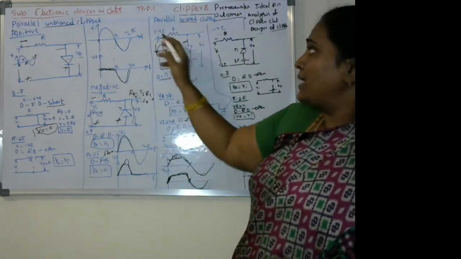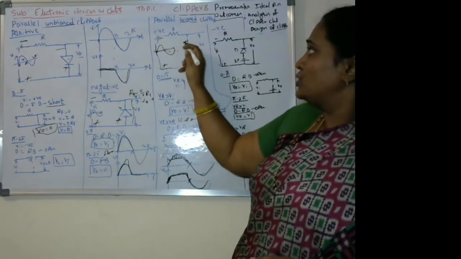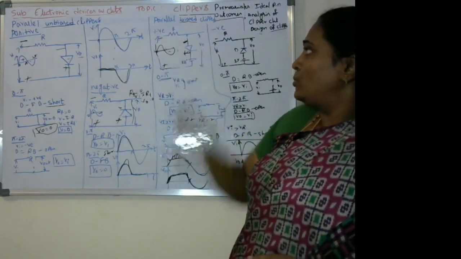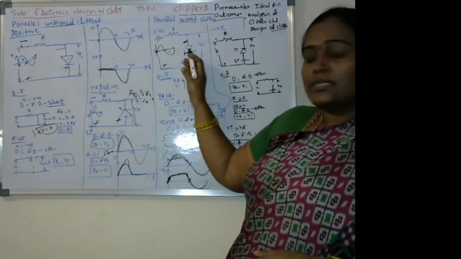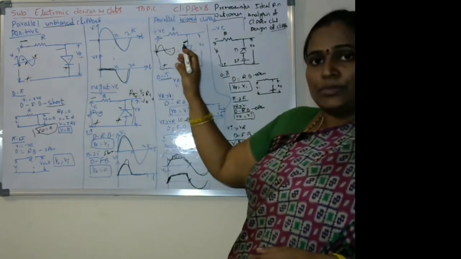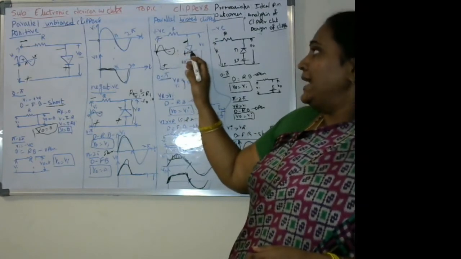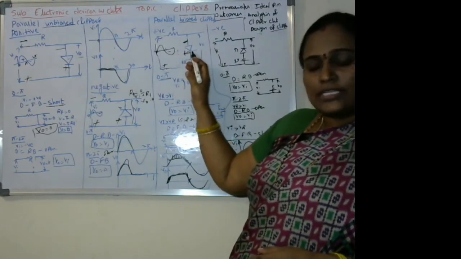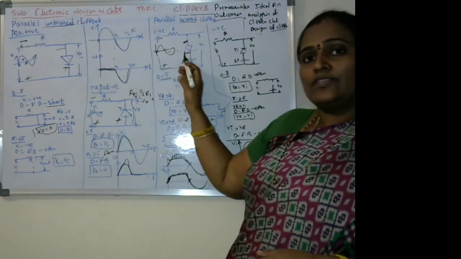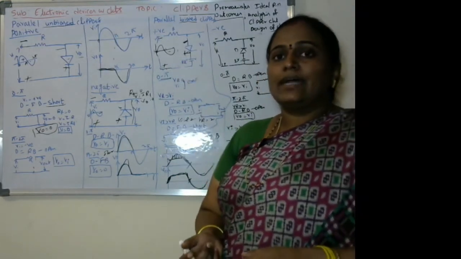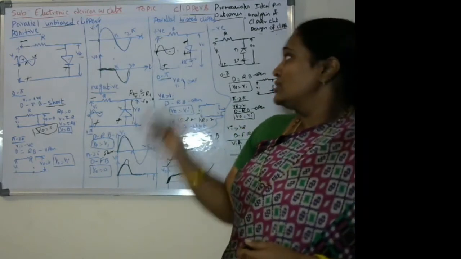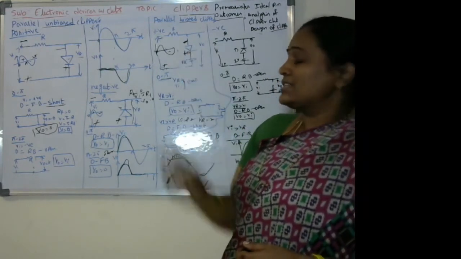The supply is negative here, a negative terminal, and here a positive terminal. So the P type of the PN junction diode is connected to the negative terminal of the signal, and the N type is connected to the positive terminal of the signal. As a positive polarity of the signal, we can directly say it is the reverse case, so it enters into the reverse bias condition.